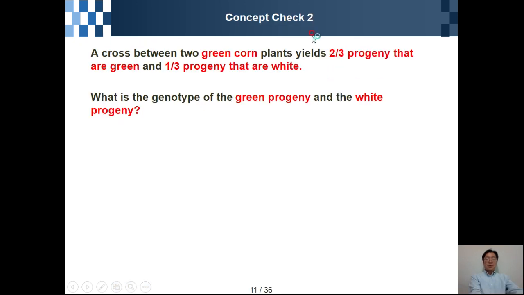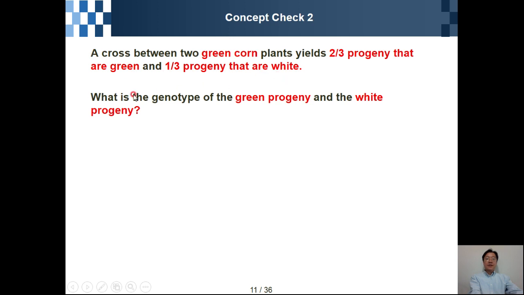In this slide, we will solve concept check 2. The question is: a cross between 2 green corn plants yields 2 out of 3 progeny that are green and 1 out of 3 progeny that are white.